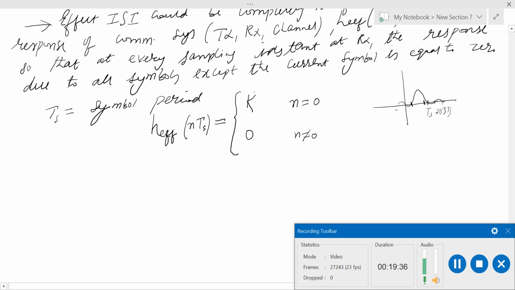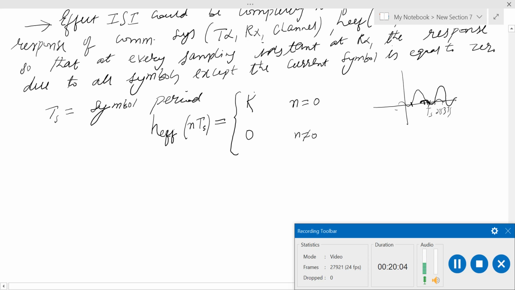So what we can do is the other symbol can be chosen such that the response will be something like this: 0 at this point, again 0 at this point. Okay, so the contribution of other pulse at TS is 0.